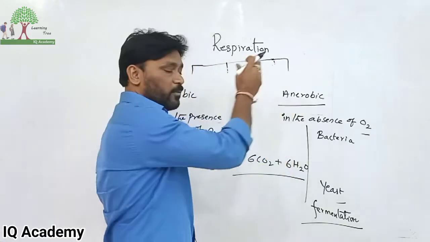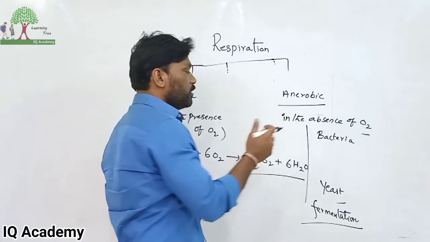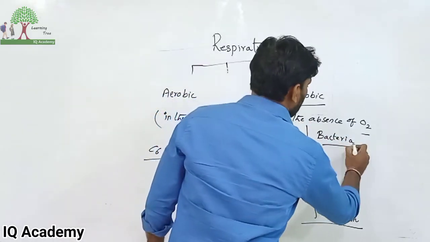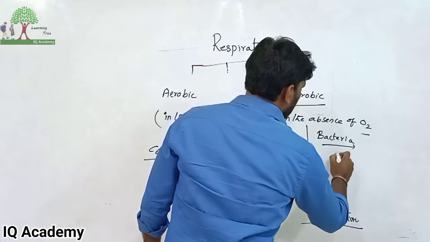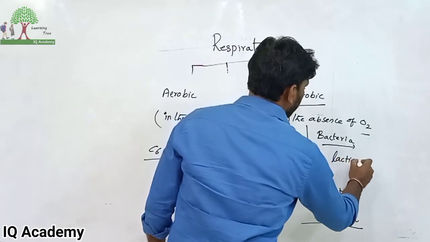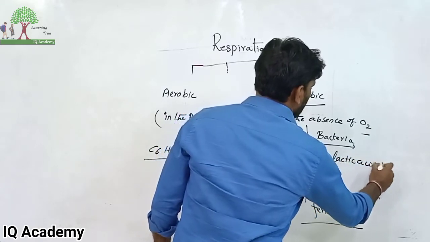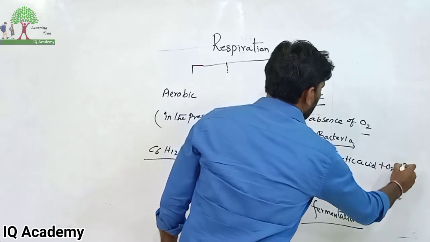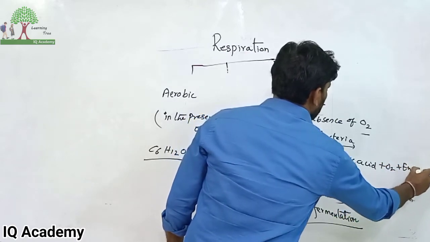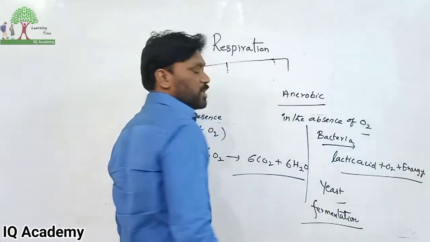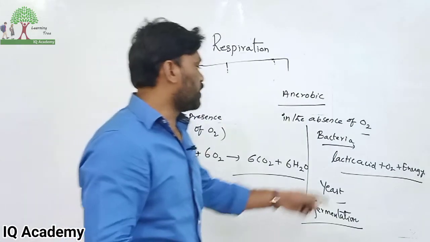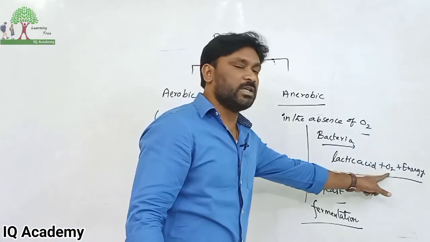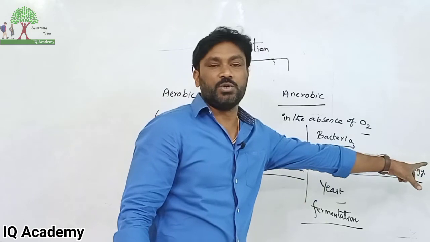So take an example of bacteria. In the bacteria, lactic acid and carbon dioxide and energy are produced. In the anaerobic respiration, lactic acid, oxygen and energy are produced.